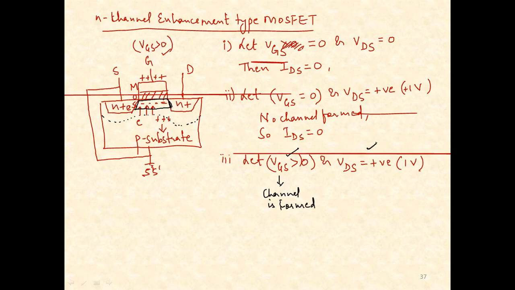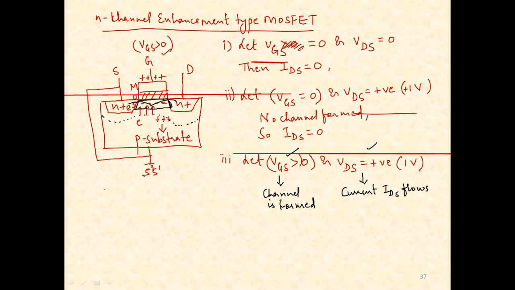Now, what will happen because of VDS? See, once we apply positive VDS, electrons, due to the force exerted, can now enter from the source into the channel region, because the channel is full of electrons, and subsequently these electrons can enter into the drain, thereby constituting the current. So now I can say current IDS flows.